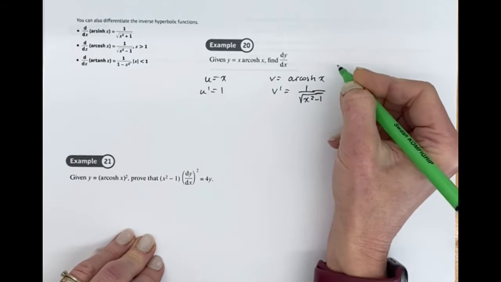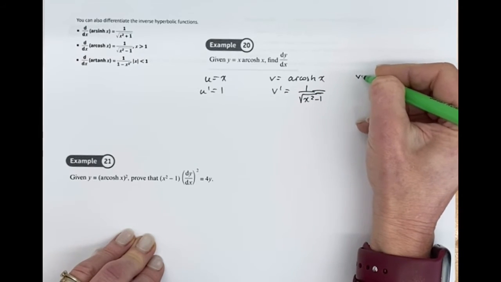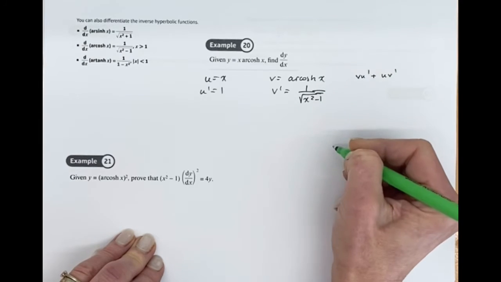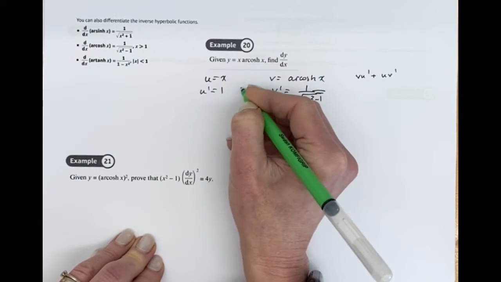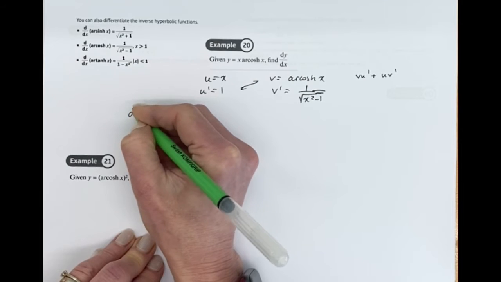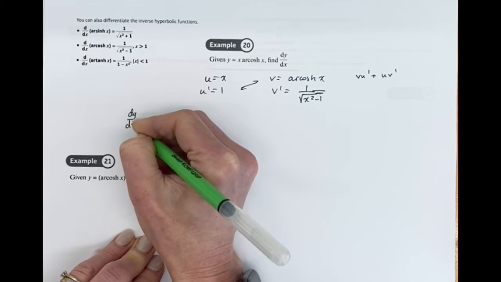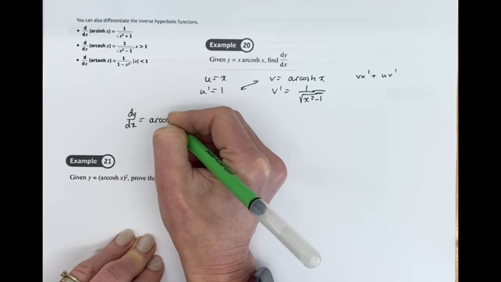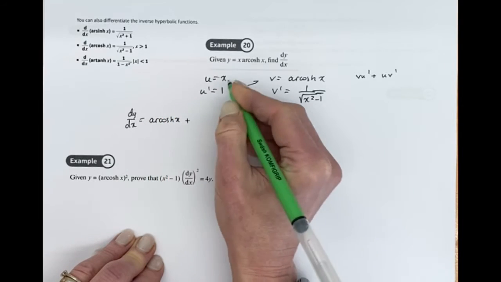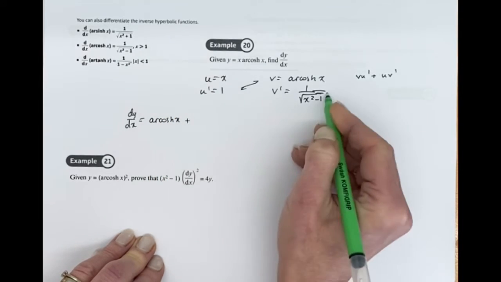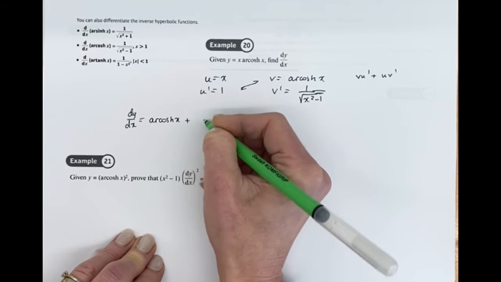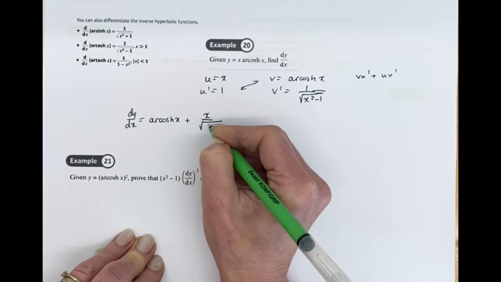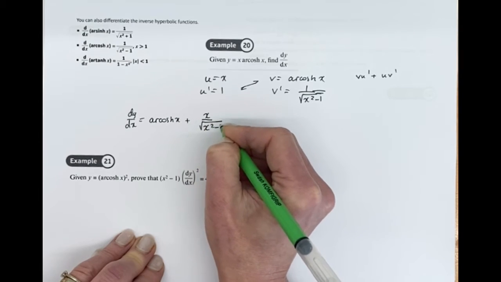Let's just use the product rule: v u dash plus u v dash. So for dy dx, it will be 1 times arcosh x, so arcosh x, plus u v dash, so it's x times 1 over x squared. You have x times 1 goes on the numerator, and there's the answer.